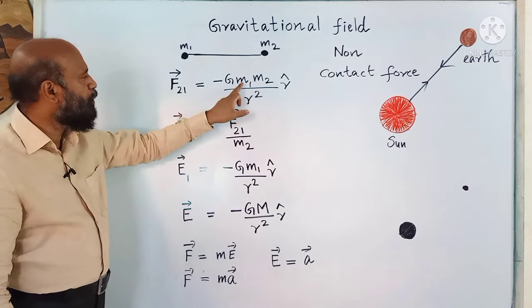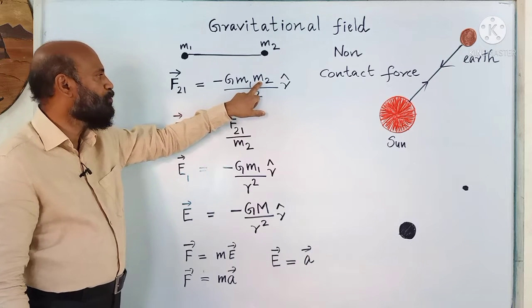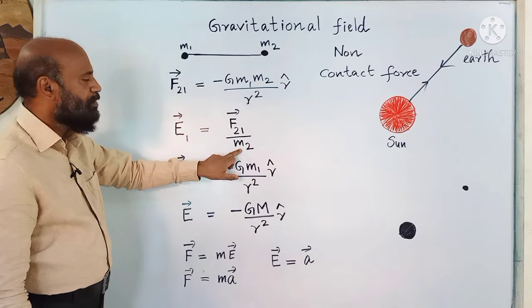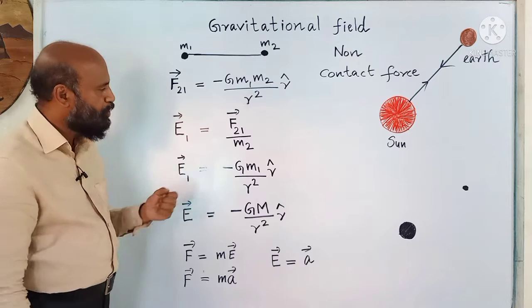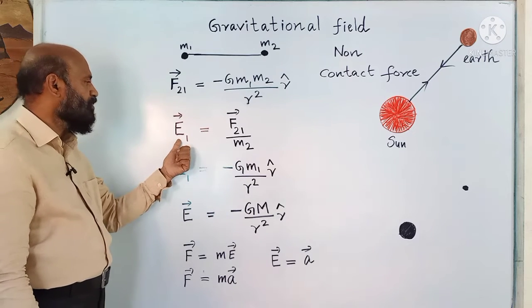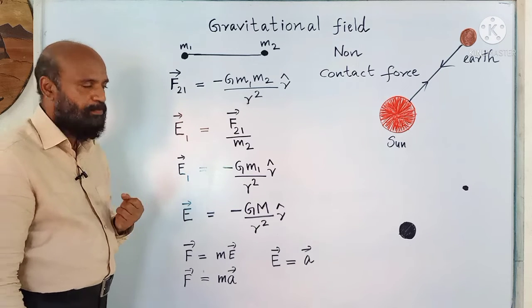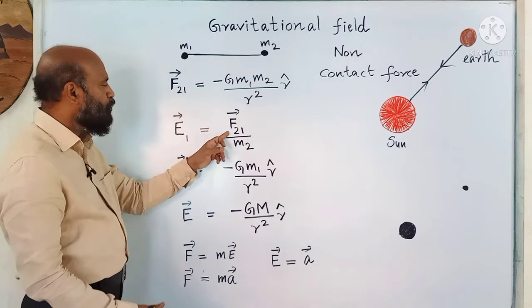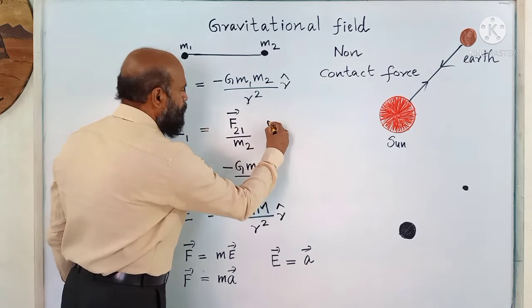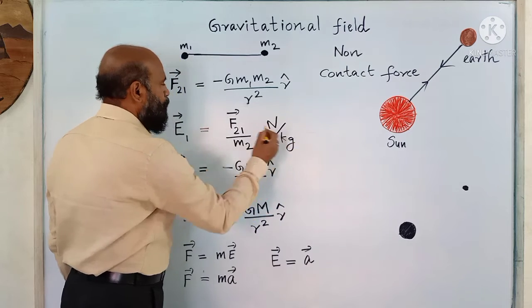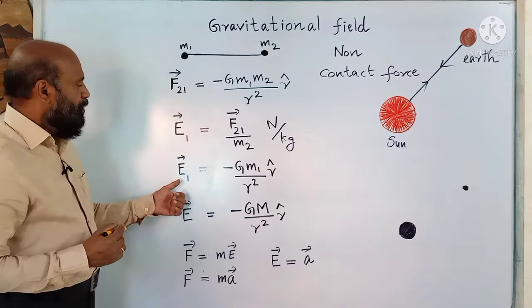So this is the force experienced by a mass of m2 kilogram. You divide by m2, then you will get the force experienced by unit mass. So intensity is measured by the force experienced by unit mass. Force is measured in Newton, mass is measured in kilogram. So intensity is Newton per kilogram.